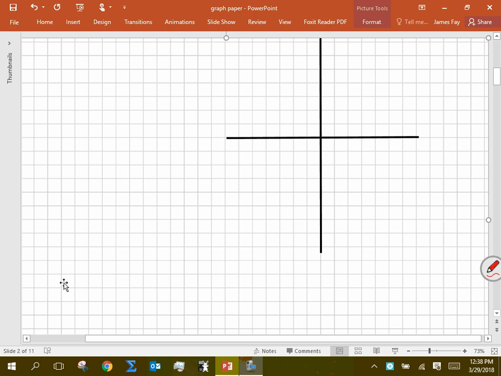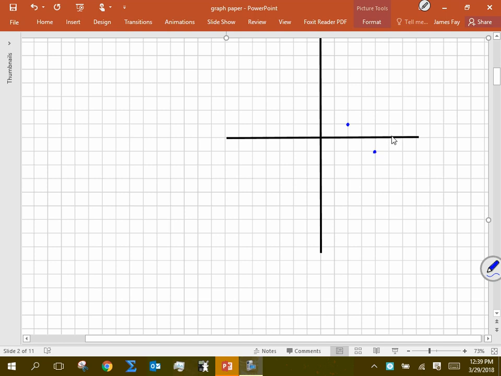And I'm going to use just some small values here for my ordered pairs. So I'm going to go 2, 1, call that A. Let's put B at 4, -1.